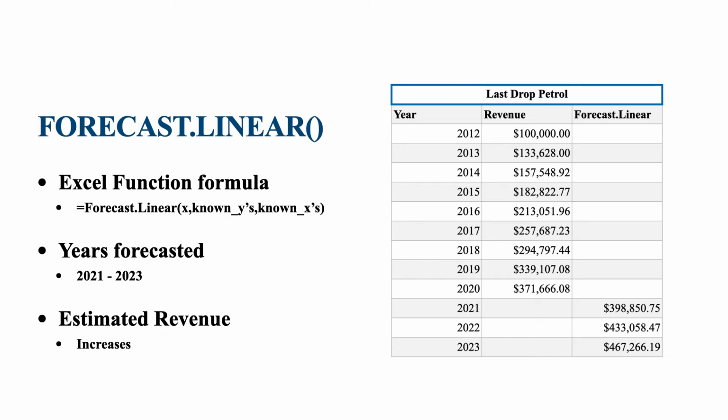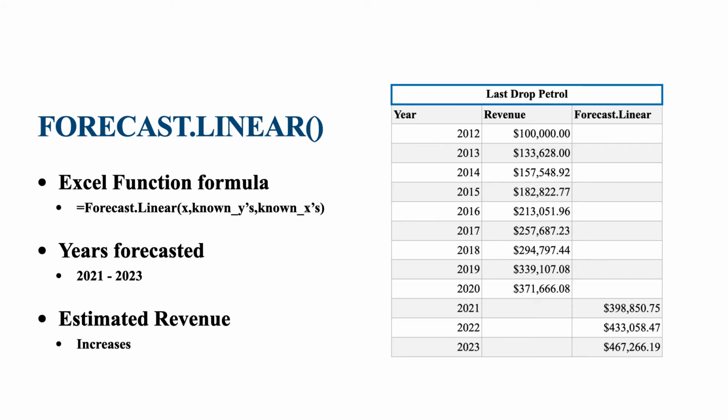In other words, the estimated revenue needed for the years 2021 through 2023. Thus, the known y's are the range of revenue from 2012 to 2020, and the known x's are the range of years from 2012 to 2020, which are dependent variables and our historical data.